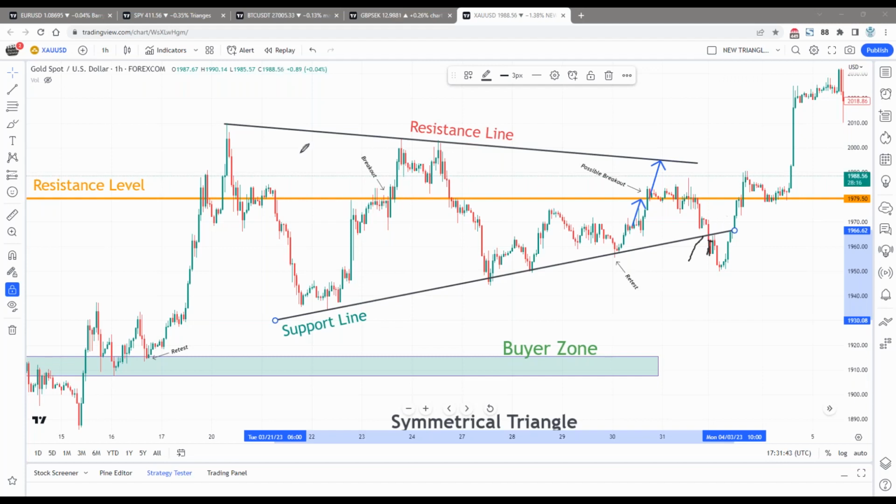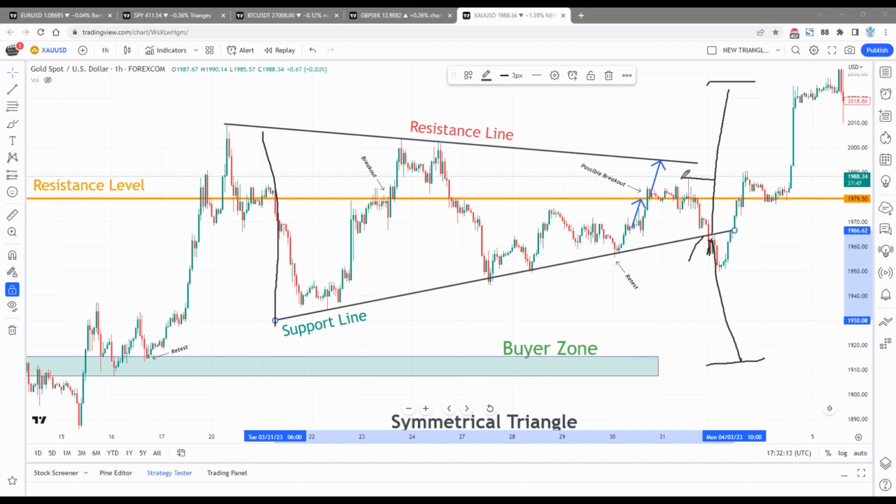I would have set my stop loss. I would have set my potential target point here, and I would have looked at, let's back it up. I would have set my target point here, and I would have set my stop loss here.